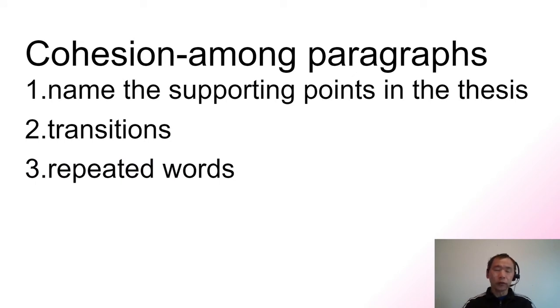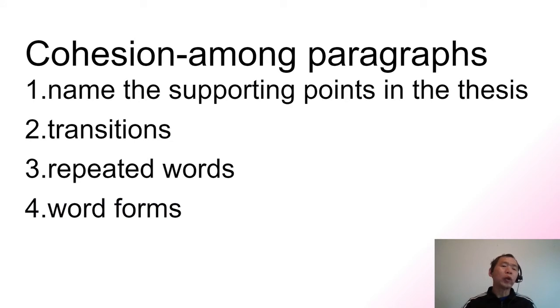Repeated words. When you read repetition, that means you are linking to previous writing. And we can use word families, because when you are writing something in one sentence and the next sentence relates to the previous sentence, you are not going to use the same word. You are going to try to use a word that is a little bit different. We call this word family.